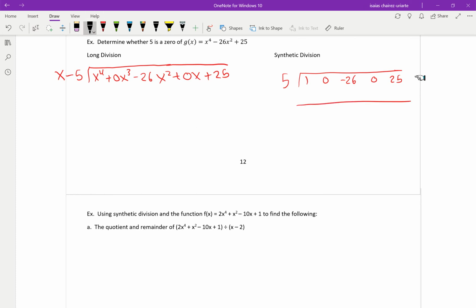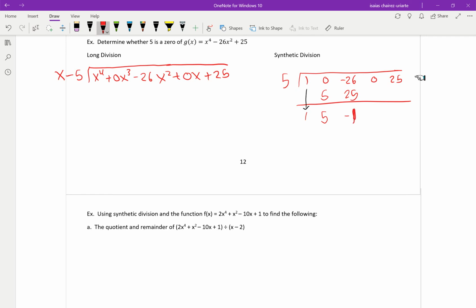So we said that we're going to drop this 1. So we have 1. 5 times 1 is 5. 0 plus 5, well, that's 5. 5 times 5 is 25. And negative 26 plus 25, that's negative 1.